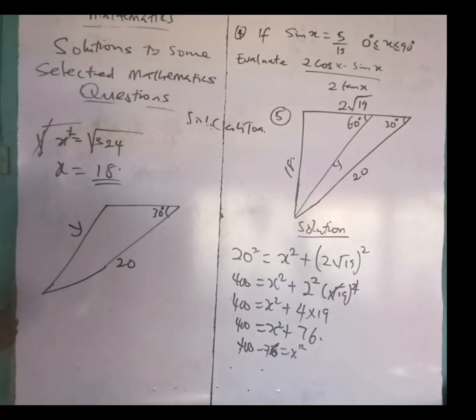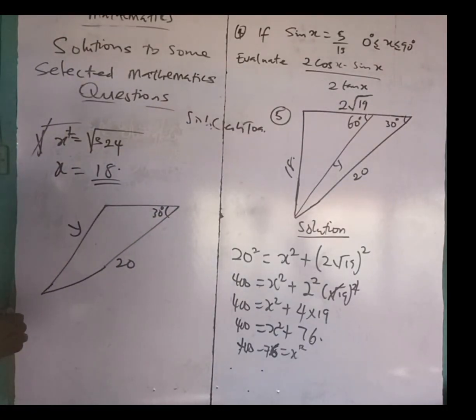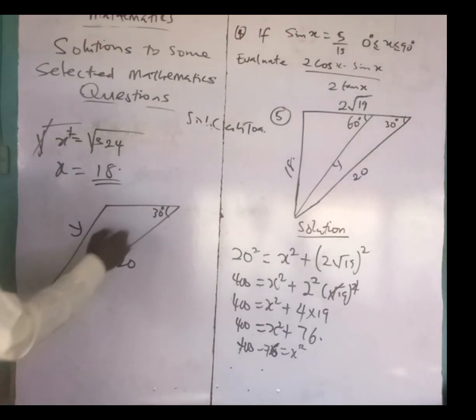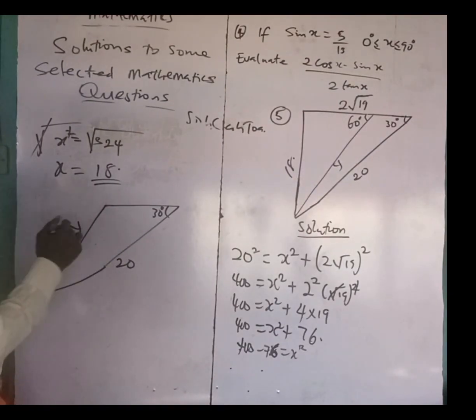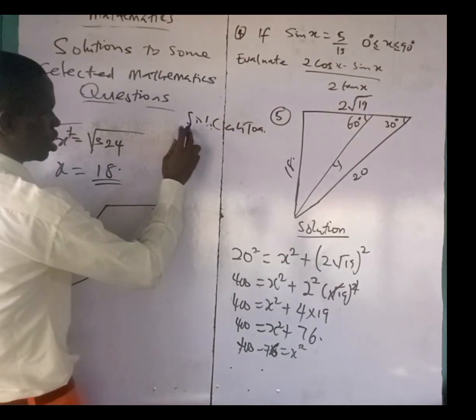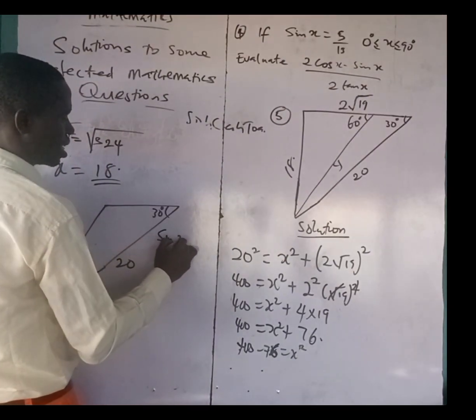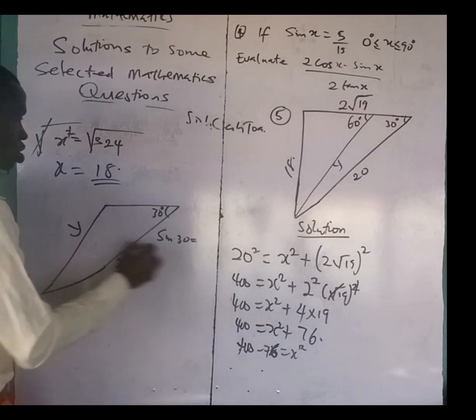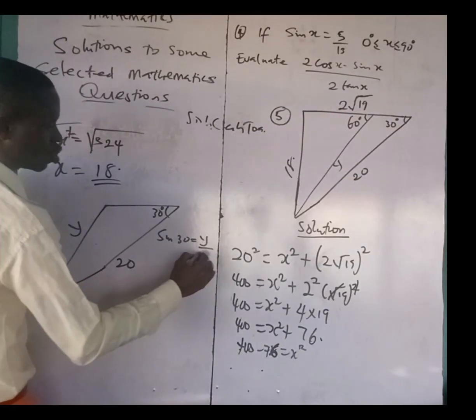This is 30°. Now, this is opposite, this is hypotenuse, which is also sine. So sin 30 will give us opposite, which is y, over hypotenuse, which is 20.